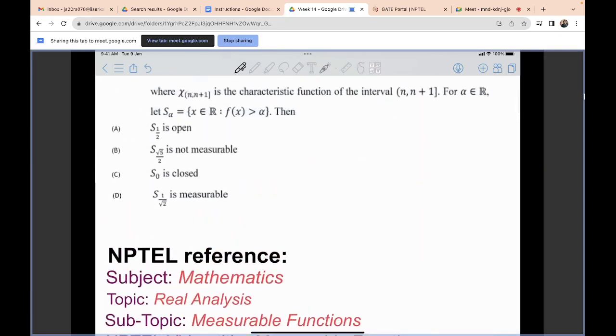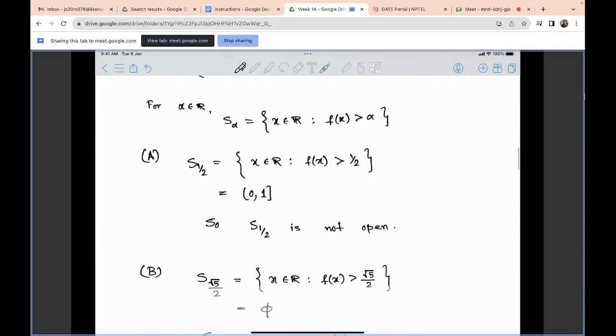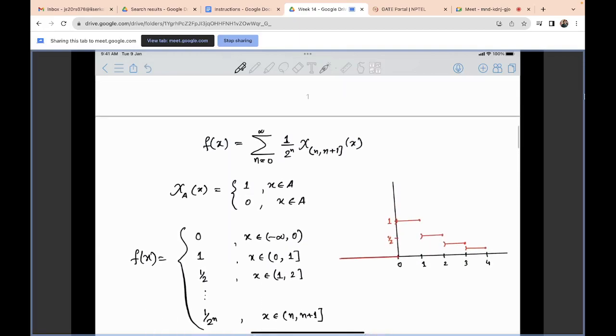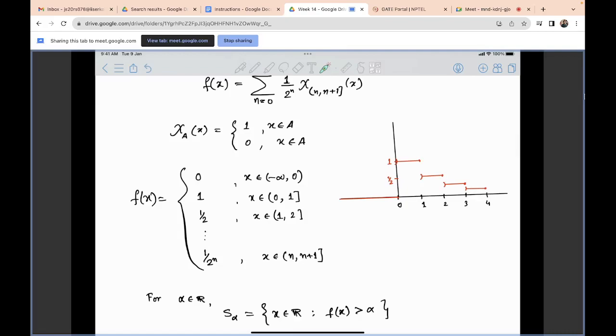Option C is saying that S0 is closed. Let's find what S0 is. S0 is all such x such that f(x) is bigger than 0. For minus infinity to 0, the function takes the value 0, so this will not come.